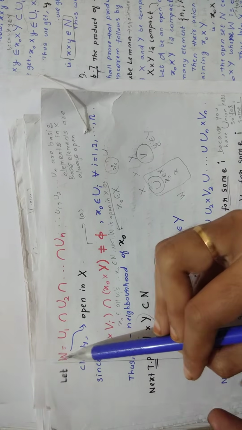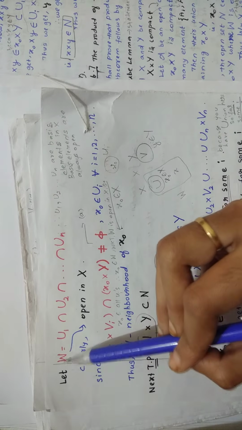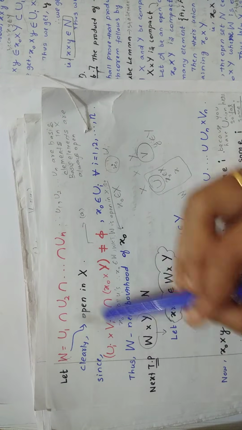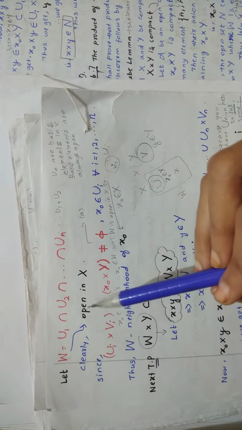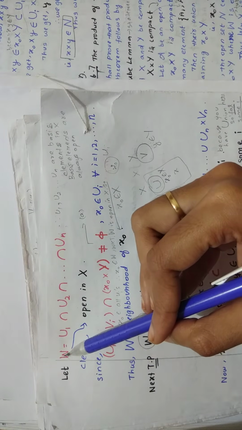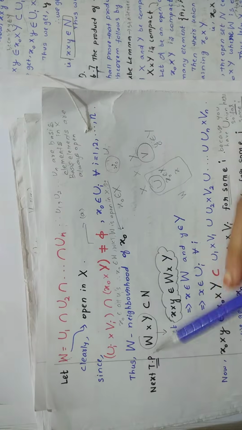Inside W you are having x naught. So you are saying this W is open in X, you have written, so that is why with all these you can say now this W is a neighborhood of what? The point present inside this W. What is the point present inside this W? X naught, right? So that is what we are writing.